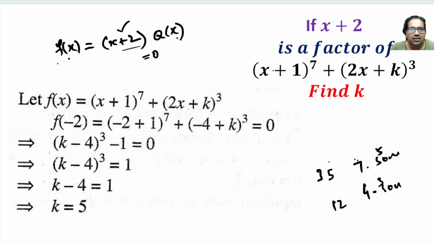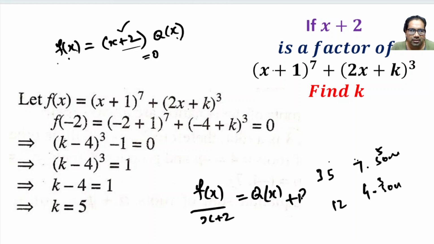If this is a factor of this polynomial, that means there is some other polynomial. So what is a factor? If f of x is divided by x plus 2, you will get a quotient polynomial plus a remainder. Because it is a factor, the remainder will become 0. Otherwise also, if a polynomial is divided by another polynomial, you will get a quotient polynomial and a remainder.